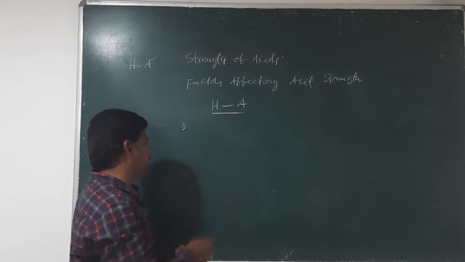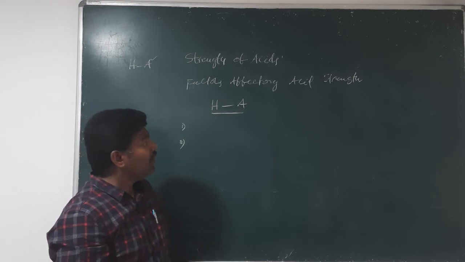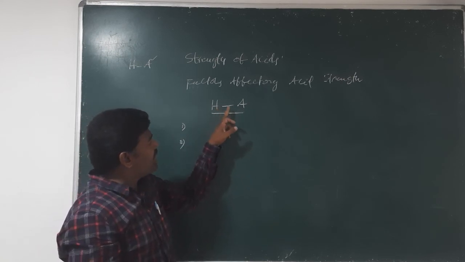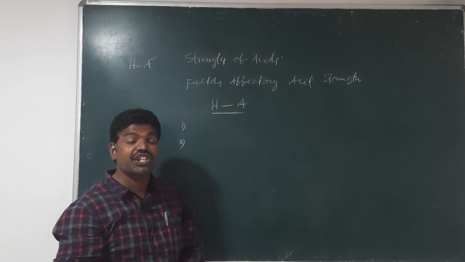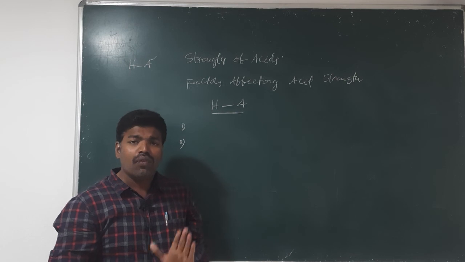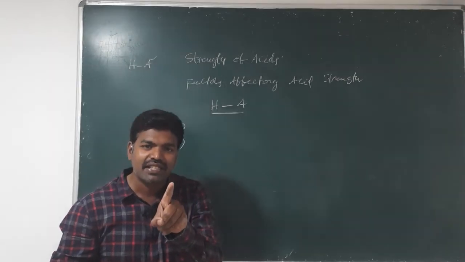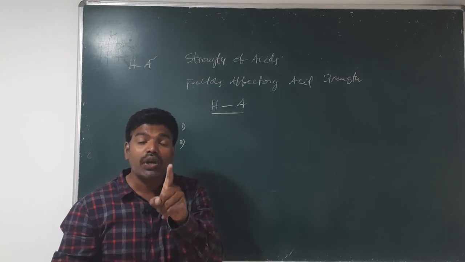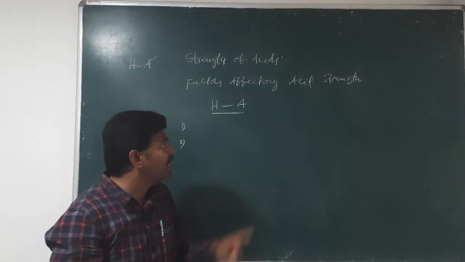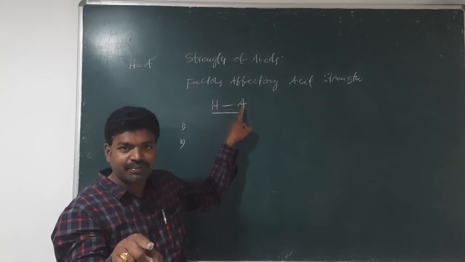Next, second case. When the polarity of the HA bond increases, that means the electronegativity difference between the atoms H and A increases.